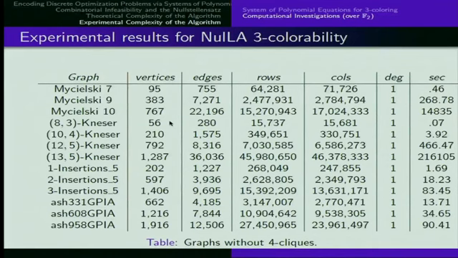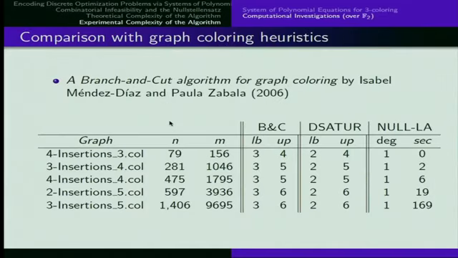And here, well, I wanted to show you the next table. This is a very interesting table because these people did in 2006 a study of what people in optimization will do to find out whether a graph is k-colorable. So they will use branch and bound, essentially. There are 2 versions of branch and bound: one is called branch and cut, and the other one is DSATUR.